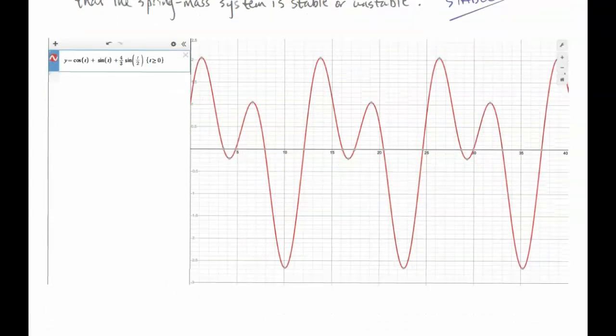So to close us out, I want to look at what the graphs would look like for all of these cases: no damping, underdamped, critically damped, and overdamped, for this particular situation where our force function does not have the same operating frequency as our spring mass system's natural frequency.